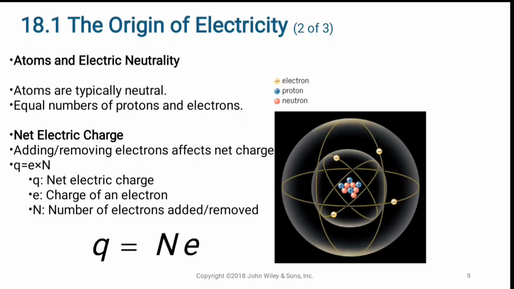Now, with the use of this formula, Q serves as the net electric charge, E serves as the charge of an electron, and N serves as the number of electrons added or removed. The N here is a count, because it just focuses on how many were added or how many were removed, regardless of whether it is positive or negative.